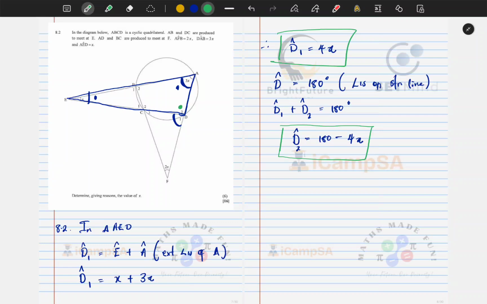So always the idea is to use what we are given. How can we use this angle? In order for me to use this angle, I'm going to have to look at this triangle, triangle BAF, or ABF, however you want to call it.